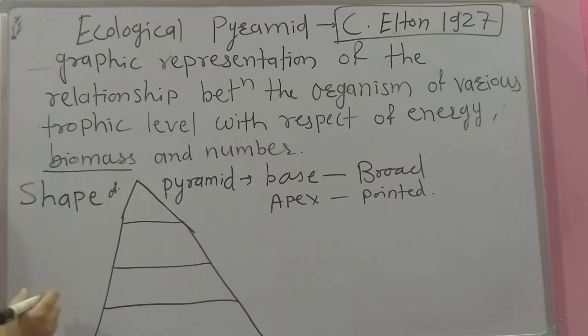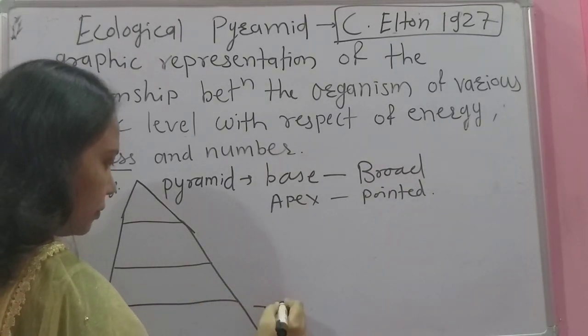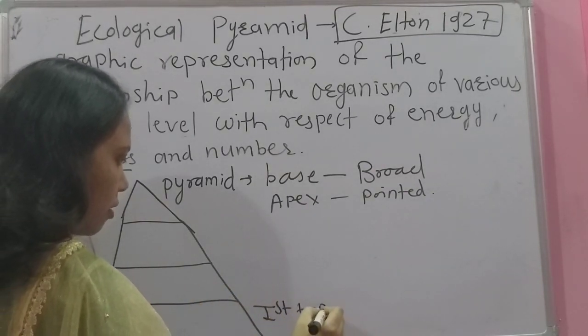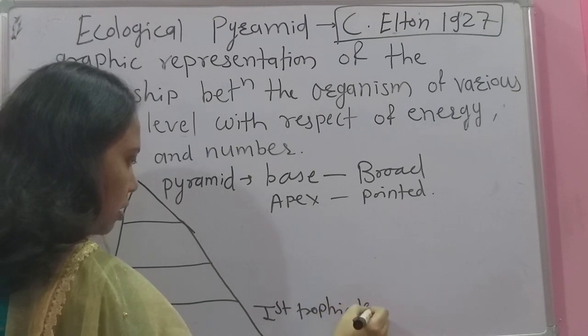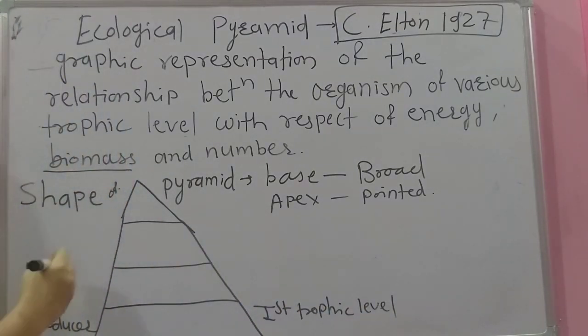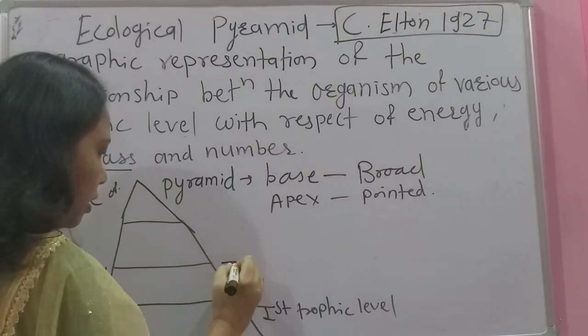At the base represent the producers. These producers are the first trophic level. Then the next level is the primary consumer. This primary consumer is the second trophic level.